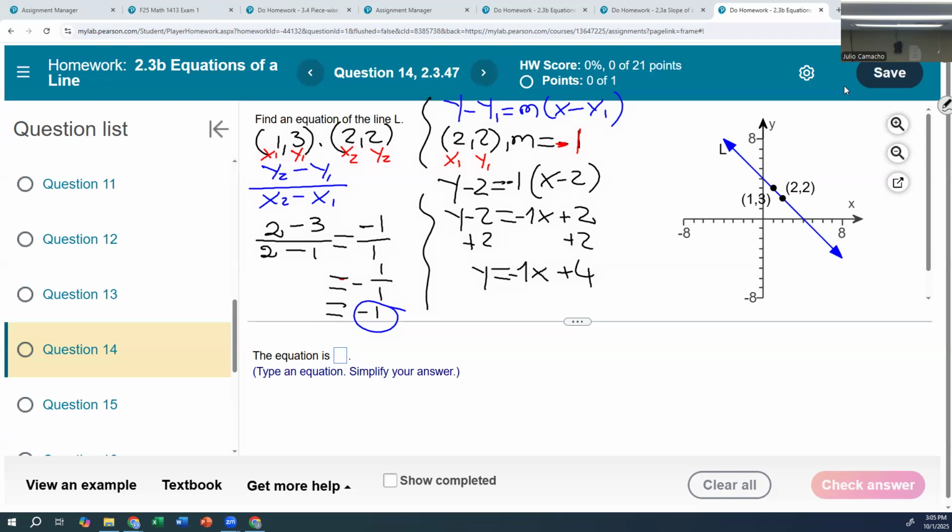So is this a negative slope, and does that match the line? That is a negative slope. It's coming down, so there's a negative slope. The slope is 1. We can check that. We can pick any point. Let's pick the point that we have here.